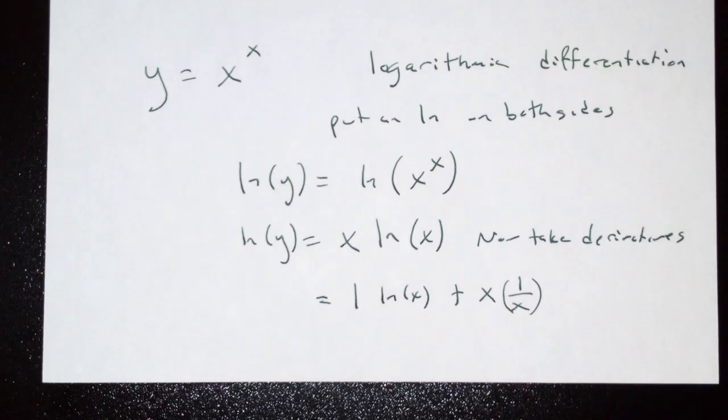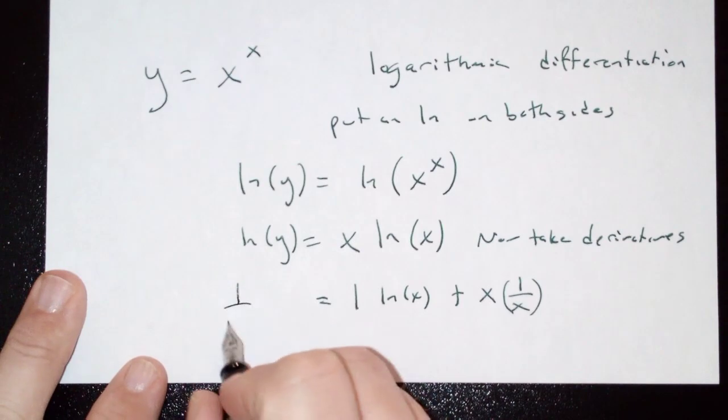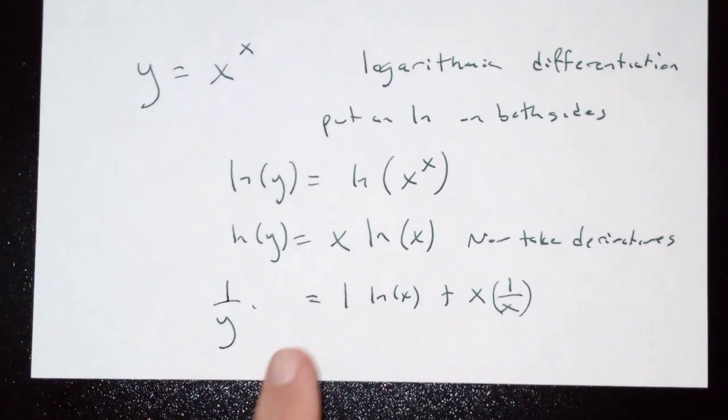Derivative of ln of stuff. But wait, there's more. What goes here? A y prime.